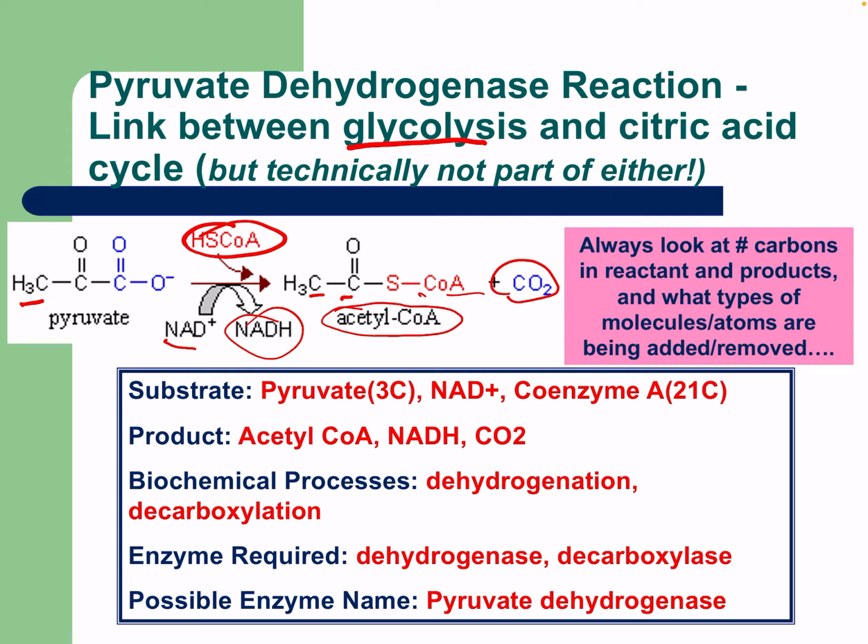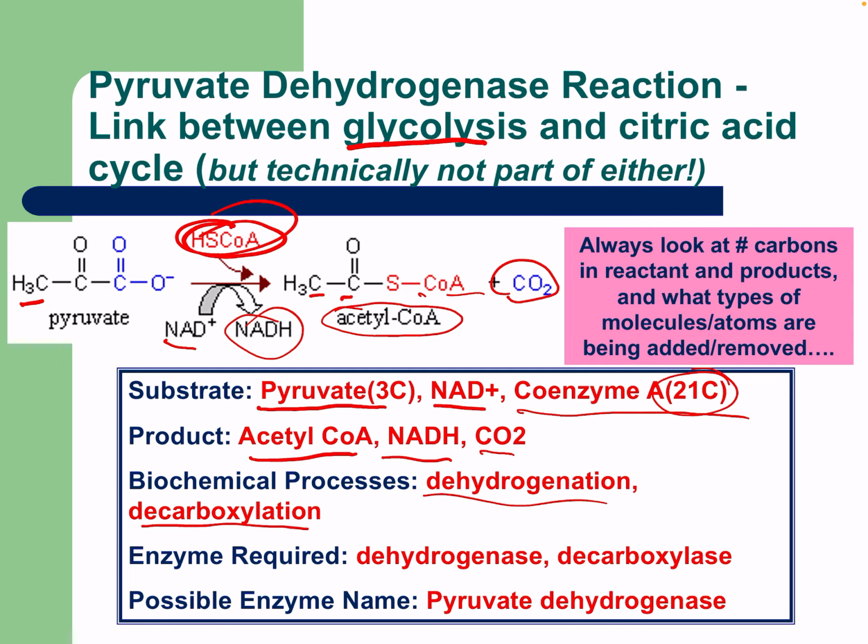So the substrates are pyruvate, 3-carbon, NAD+, and coenzyme A. That's our coenzyme A right there, which is 21 carbons. Keep that in mind. The products are acetyl-CoA, NADH, and CO2. The biochemical processes are dehydrogenation and decarboxylation, and the enzyme is pyruvate dehydrogenase.